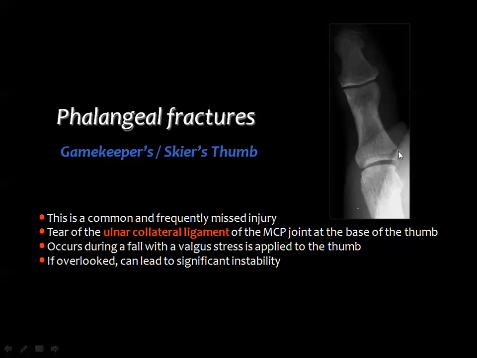Here there is an ulnar collateral ligament, and this is the radial collateral ligament. This injury is a valgus injury, and the trauma will result in damage of this ligament, maybe associated with a small chip of bone fragment at the base of the proximal phalanx.